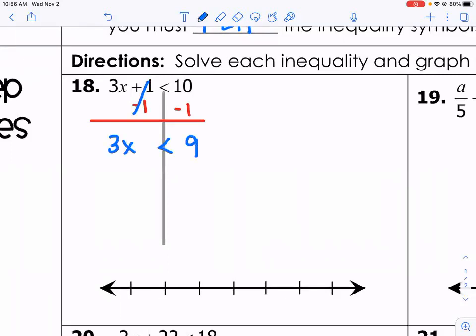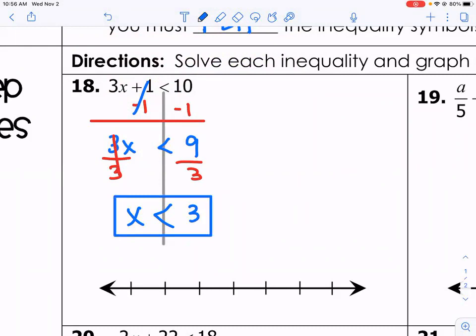Yes. Okay. So then Brady, what do we do next? I divide by 3. So then I get x is less than 3. Is that what you got?